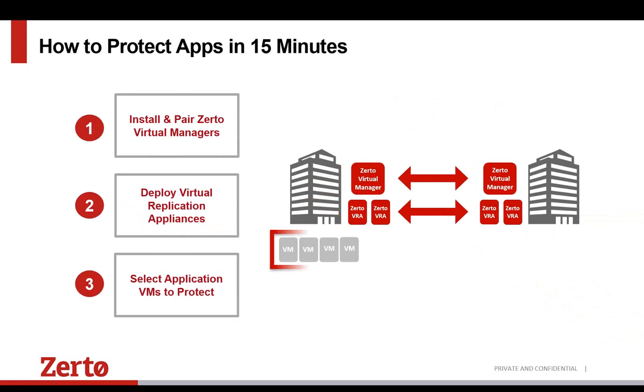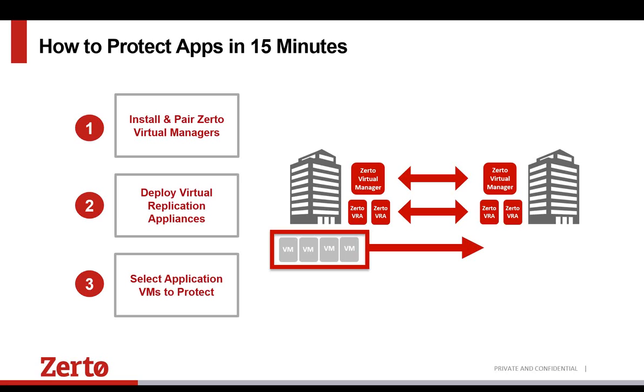And then finally, you select the VMs that form your application, you put them in a Zerto protection group, and then everything else is handled in the background. So you don't have to configure any replication agents on each individual VM. You just install the managers, deploy the appliances, select the VMs, and away it goes. That is fundamentally how simple protecting an application is in Zerto, which is why you can do it in just 15 minutes.